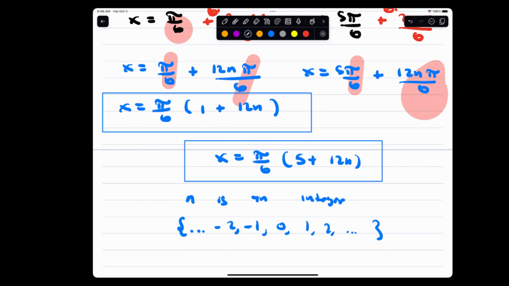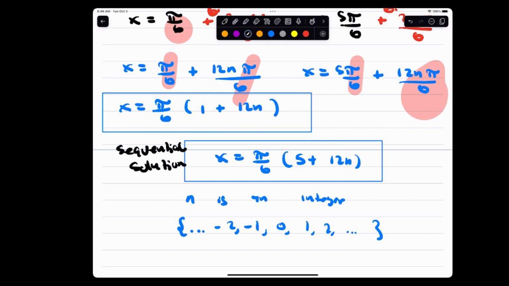You see this formula, pi over 6 times (1 plus 12n), pi over 6 times (5 plus 12n). No, you don't have to substitute. You write the formula. This is called the sequential solution.